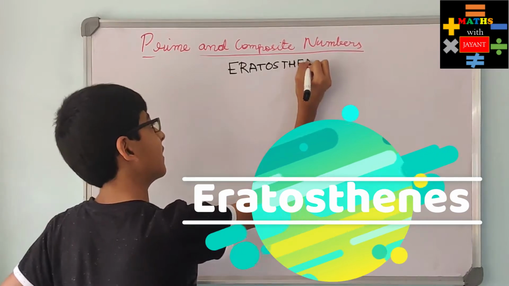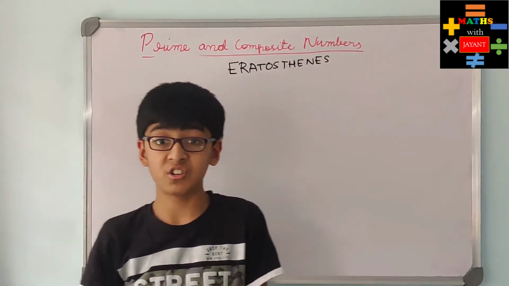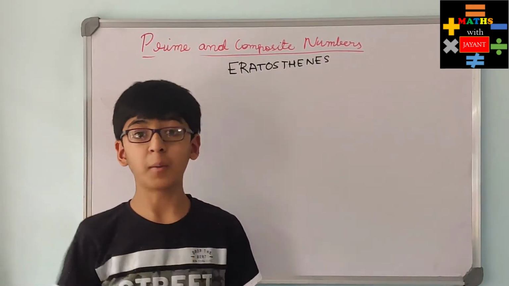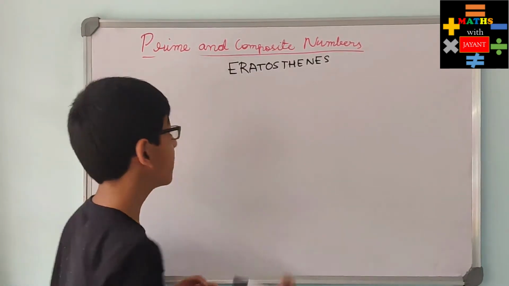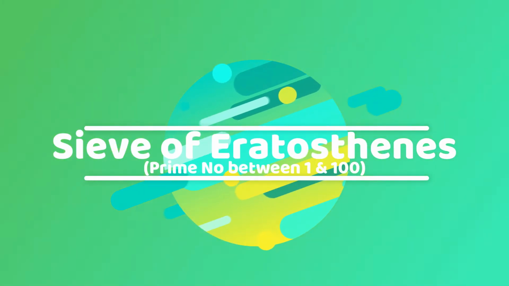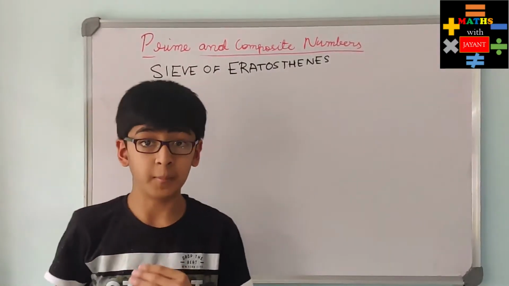He came up with a way of knowing the prime numbers between 1 and 100, and this way is popularly known as the Sieve of Eratosthenes.